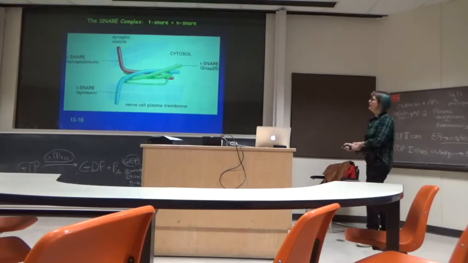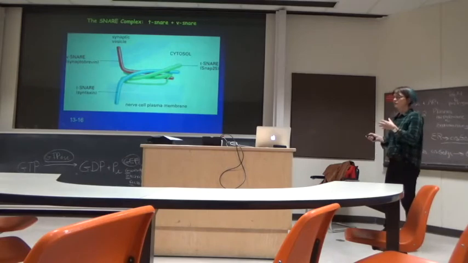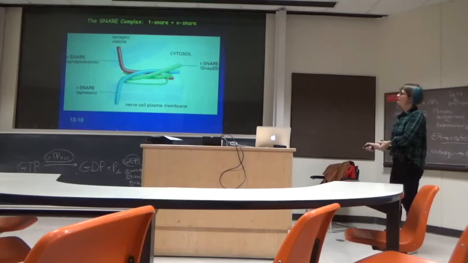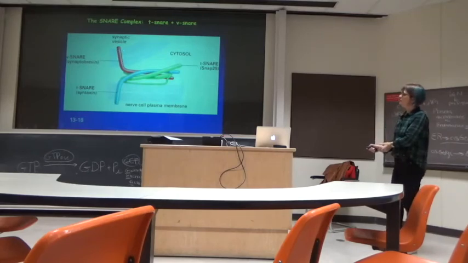So let's see how it works. Here we have a vesicle right here. This is a synaptic vesicle. And the V SNARE that it's carrying in synaptic vesicles, so remember that synaptic vesicles fuse with the plasma membrane and then release neurotransmitters. The neuron is just a specialized cell. And these synaptic vesicles, you don't have to remember these names, carry a protein called synaptobrevin, and that is the V SNARE.